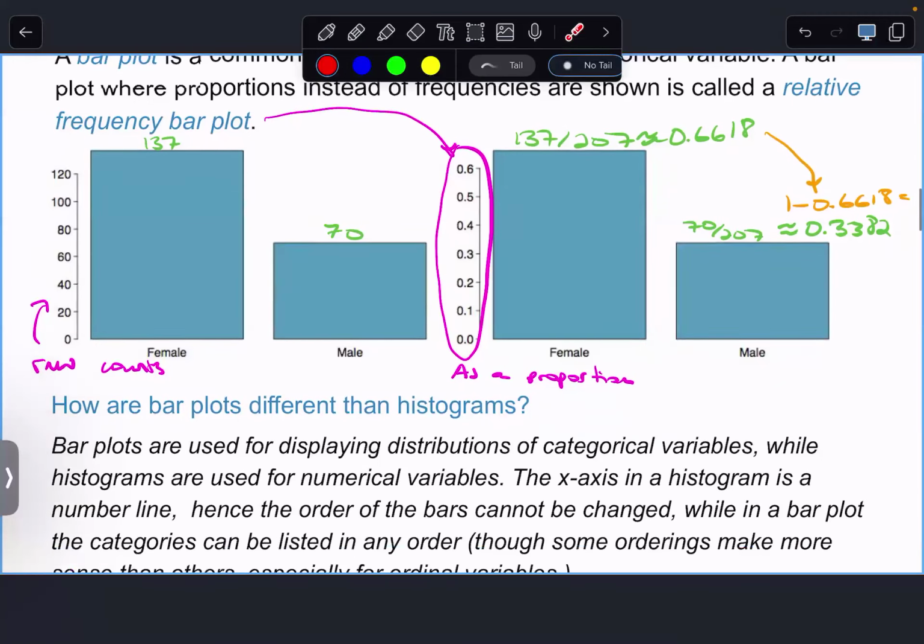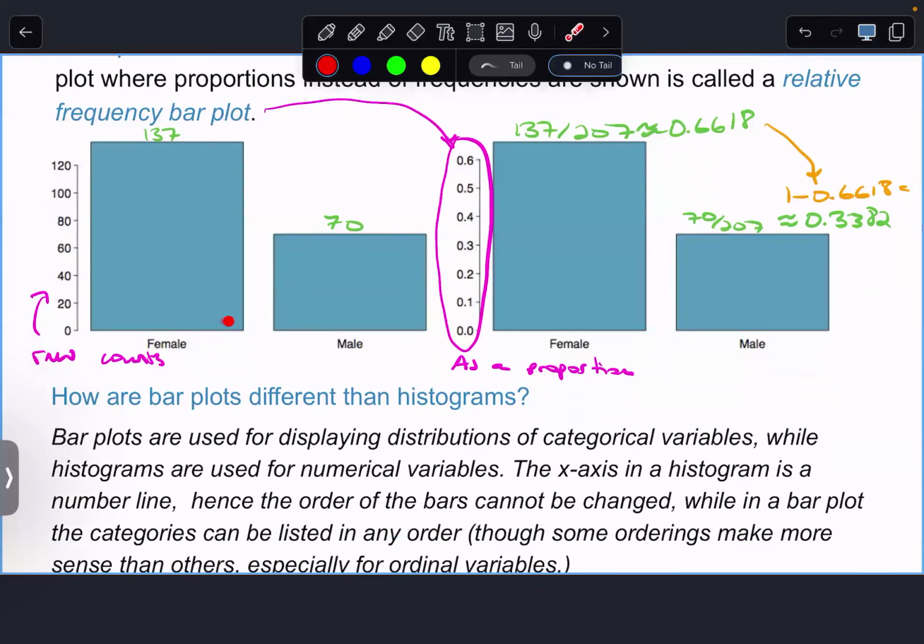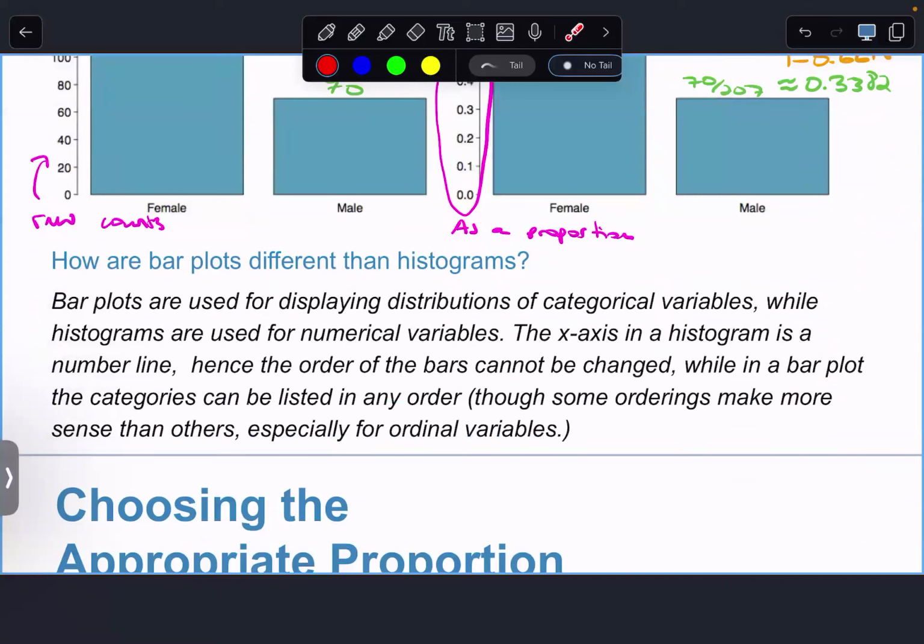And so, of course, these bar plots look like histograms. We're used to seeing histograms, but histograms have a numerical x-axis, right? So they're on some continuous scale, whereas, of course, here we've got these categories on the x-axis.